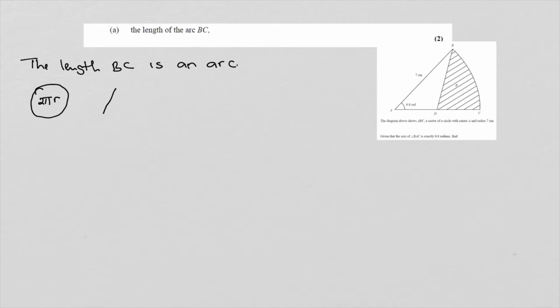An arc, which is generated from a sector, so this is the arc here, the red part, labeled L, has its own angle, theta. Likewise, a circle has its own angle, 2 pi. 2 pi equals 360 degrees.